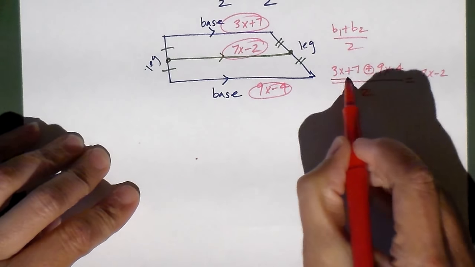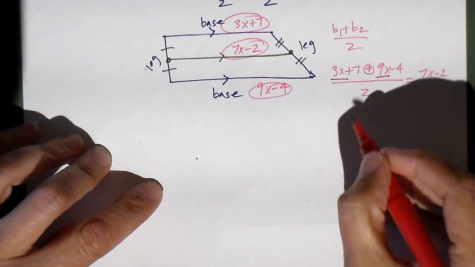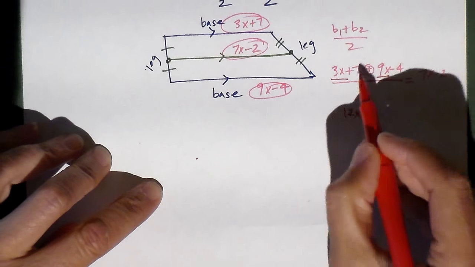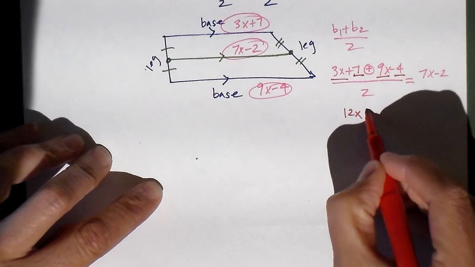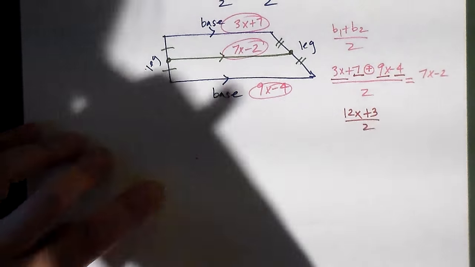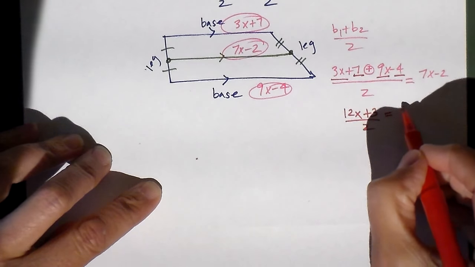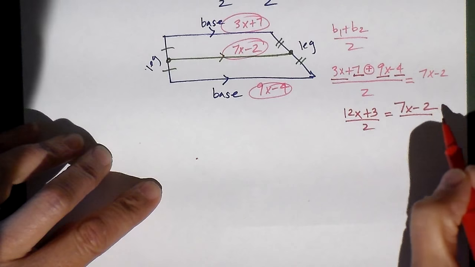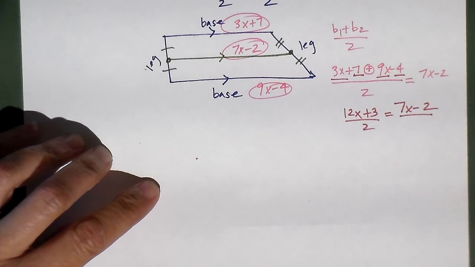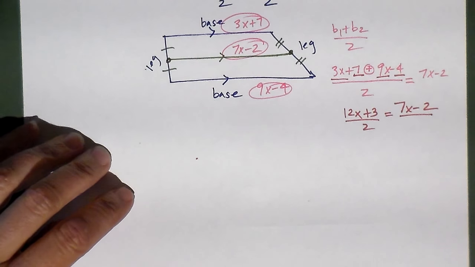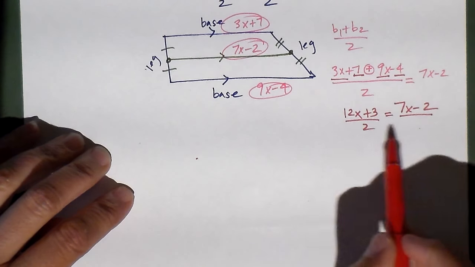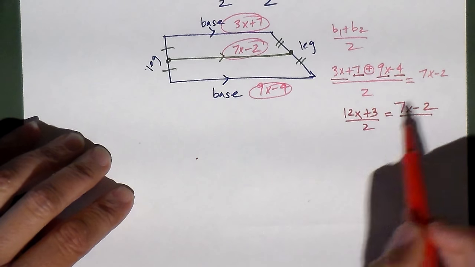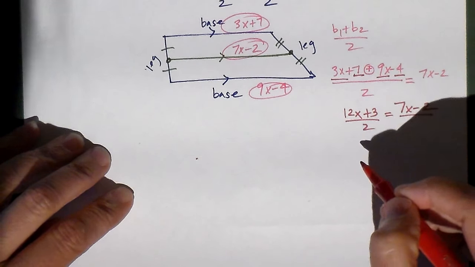So let's combine. 3x and 9x gives you 12x. 7 minus 4 gives you 3. That's all over 2. And then I've got 7x minus 2 on this side. Now, two ways to get rid of this: multiply both sides by the common denominator, which would be 2, or you can set this up and cross multiply.